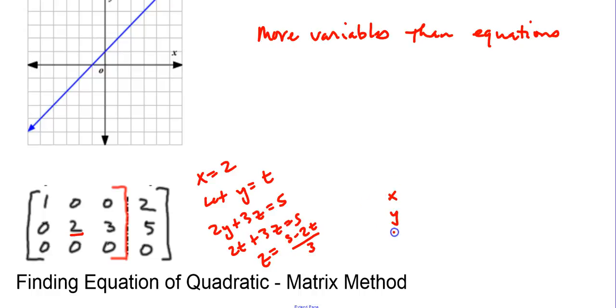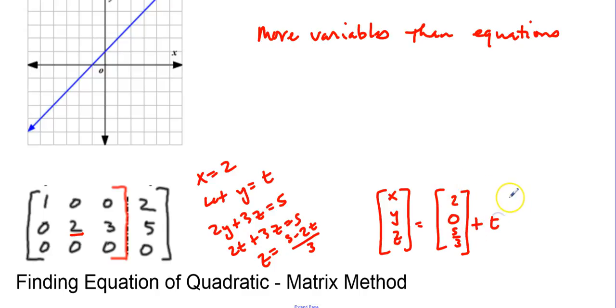So we've got x, y, z. Just a reminder, this is how you write your solution set. x, y, z. I know my x is 2, and we're going to look at the coefficients of these things. y does not have a constant value. It's equal to t, so it should be 0. And then z has a constant value of 5/3 if you break this up. So those are the constant solutions, and now we have to write the rest of our solution using that parameter.